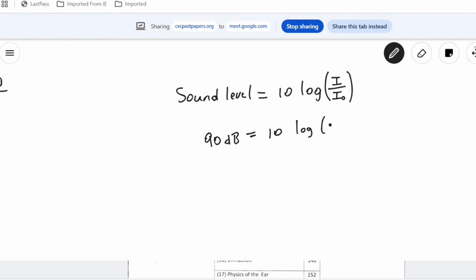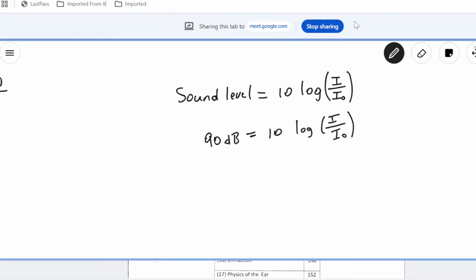With transposition, the sound intensity is 900 equals log I. So it would be 900, no, it's 90 is dividing.